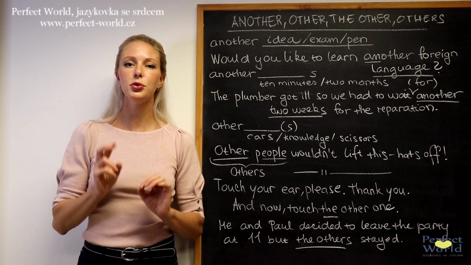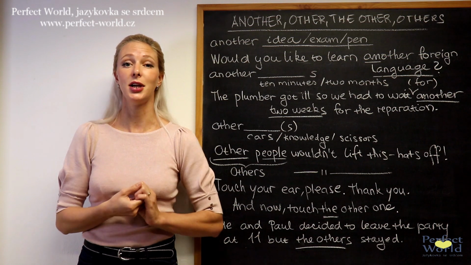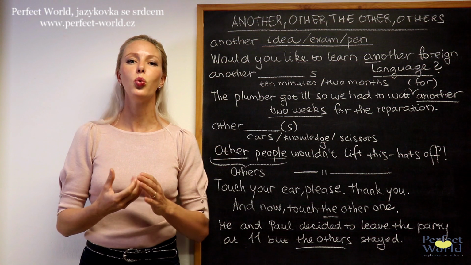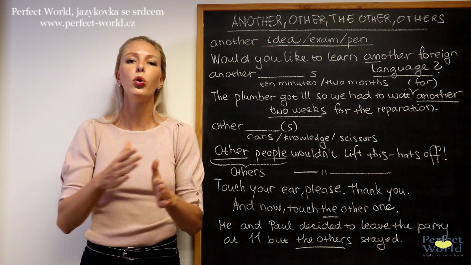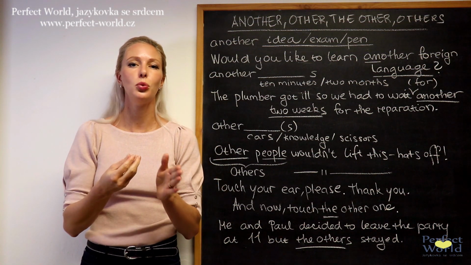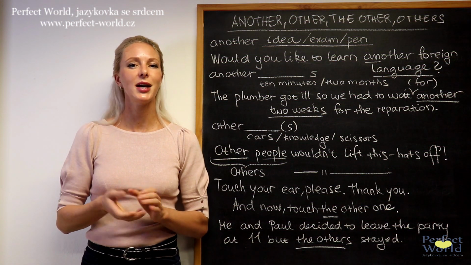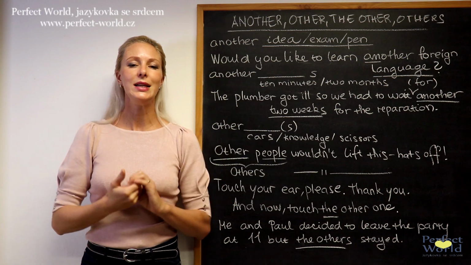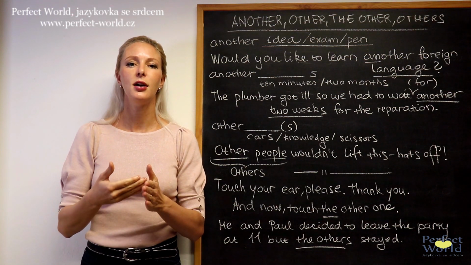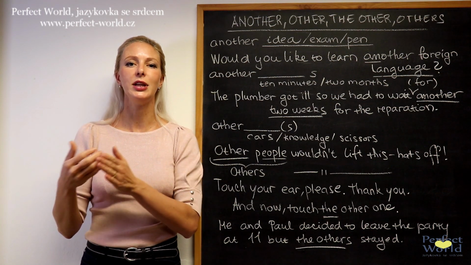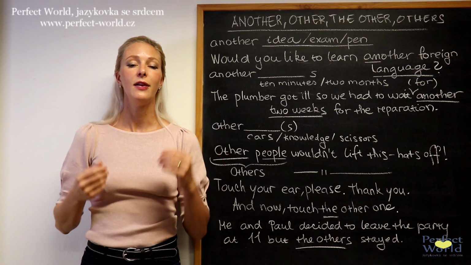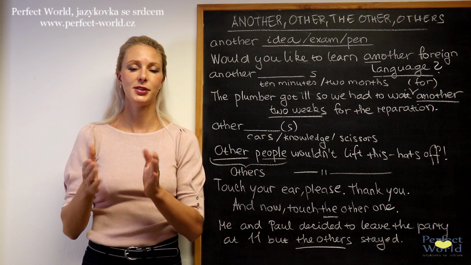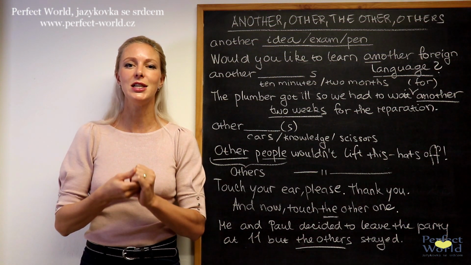As I have just 2 ears, he can't say, and now touch another one, as another one implies that there are more options and I could choose one of these. But as I have 1 ear and then there is only one more, we say the other one, the other ear, the other shoulder, the other pen when I have 2, the other car when I have 2 cars. So that's the usage of the other.